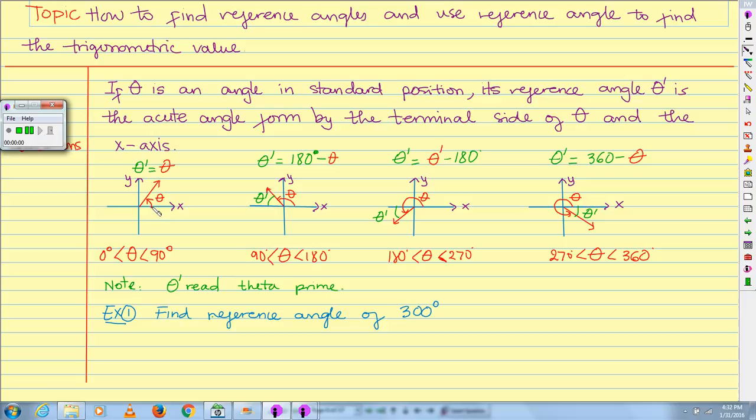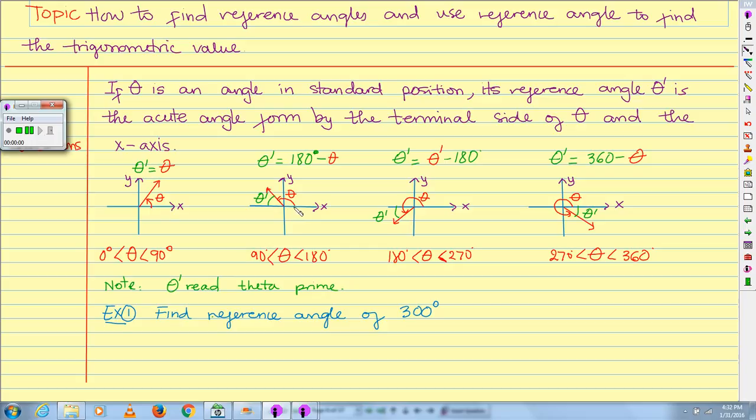In this example, since the given angle theta is an acute angle already, the reference angle theta prime is the same as the given angle theta. Now let's move on to the second example.